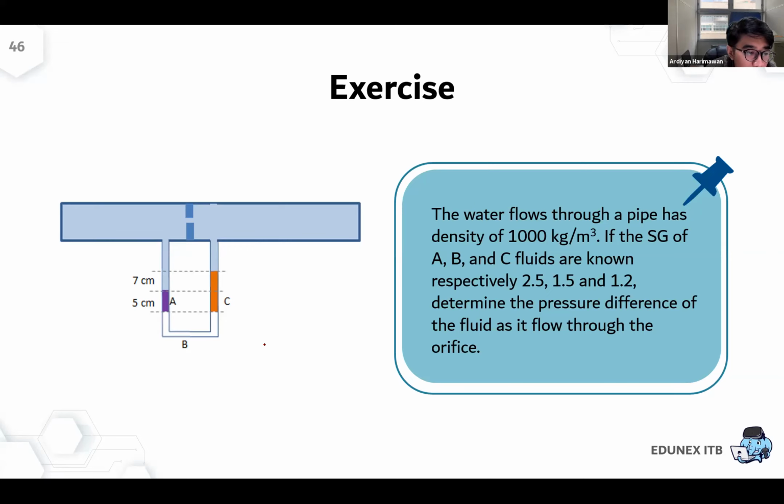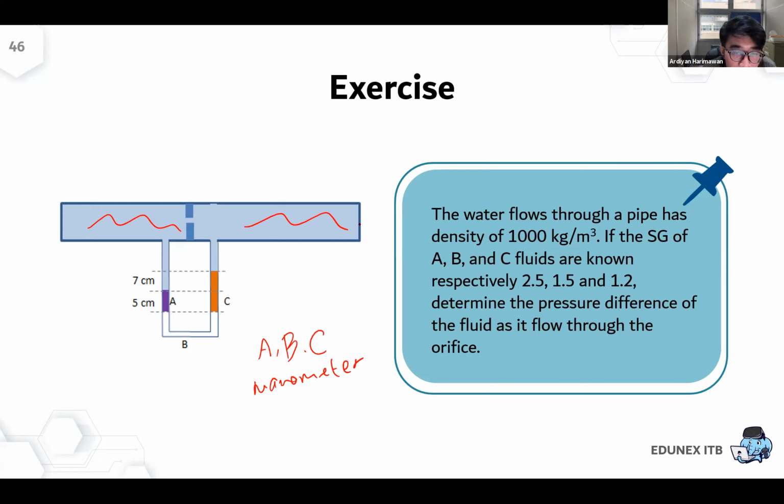You have A, B, C. This is the manometer fluid. Normally you only have one, right? Either maybe mercury or maybe oil. But this one you have 3 fluids inside the manometers. You have 4 with this fluid.